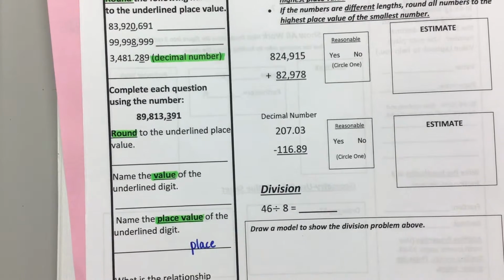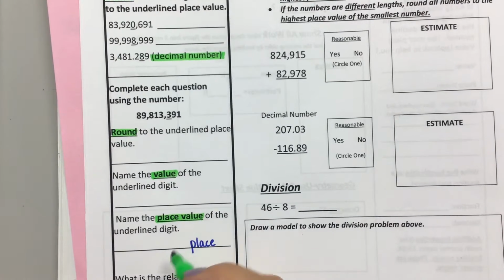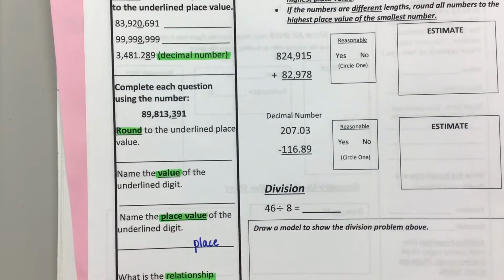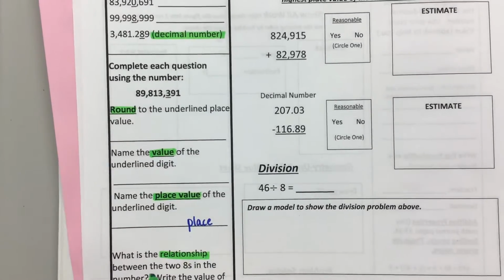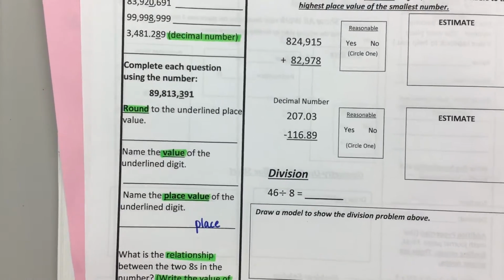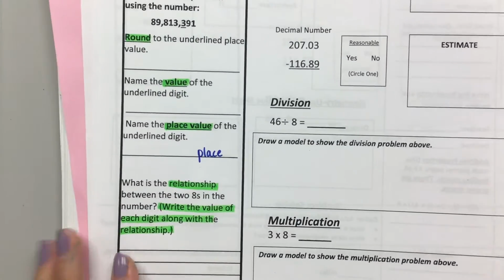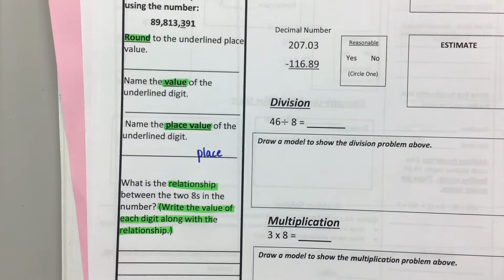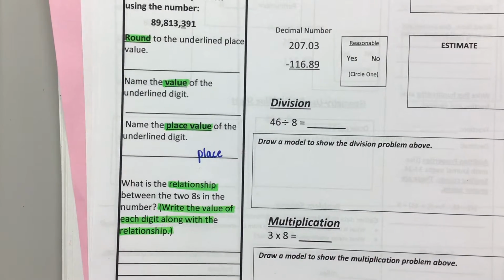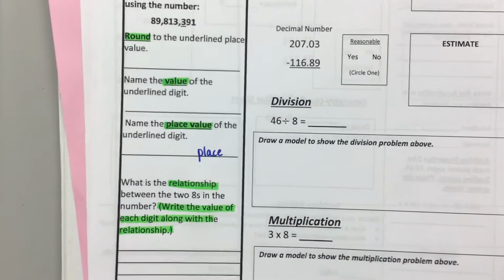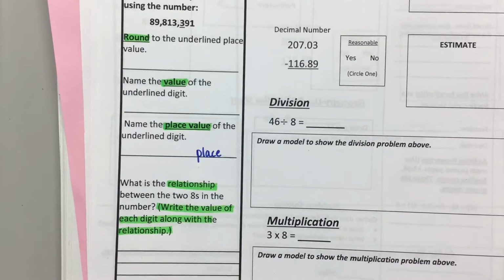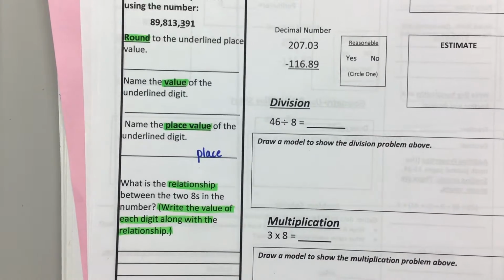Okay, here we have what is the relationship between the two eighths. It says here to write the value of each digit along with the relationship. Who can remind me, what does that question mean when it says, what is the relationship? Will? It means like how much bigger it can get.